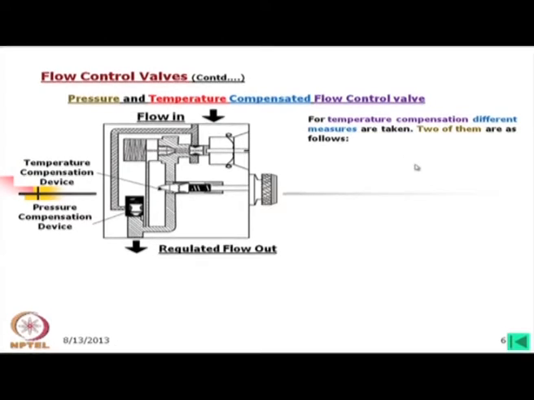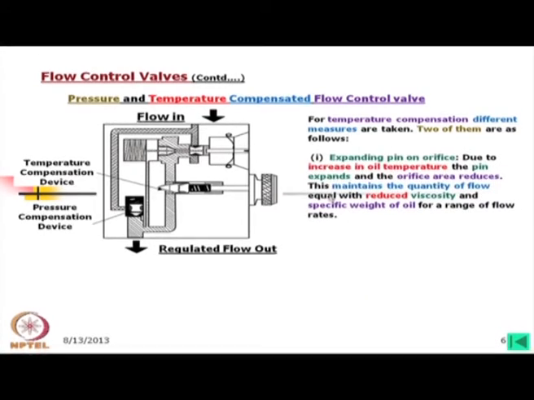I have written the temperature compensation; different measures are taken. Two of them are as follows: one, expanding pin or orifice. On the orifice, due to increase in oil temperature, the pin expands and the orifice area reduces. This maintains the quantity of flow equal with reduced viscosity and specific weight of oil for a range of flow rates.